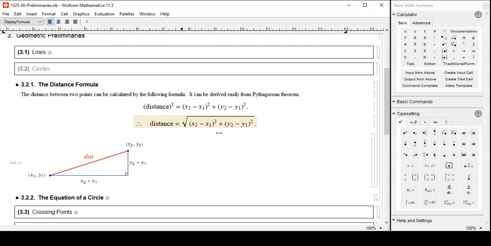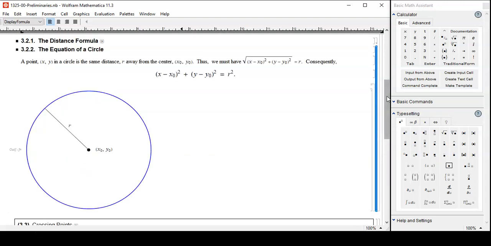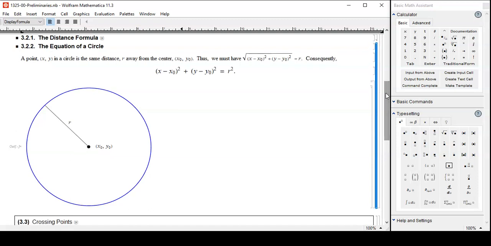Now, use this distance formula to get an equation of a circle. Because what is a circle? It's the set of all points that have the same distance from a certain point, the center point. So all the points on this blue circle, x, y in general, have distance r from the center, x0, y0.